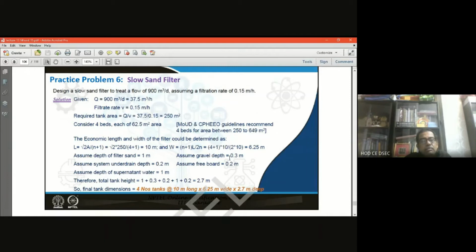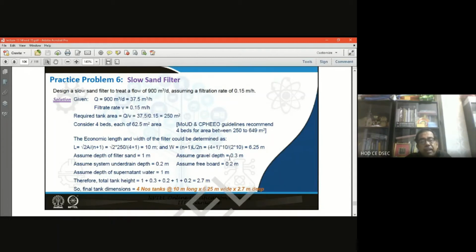Assume the depth of the filter sand is 1 meter. This assumption you have to take for designing the filter bed. Assume the gravel depth is 0.3 meter and freeboard is 0.2 meter, and assume the underdrain system depth is 0.2 meter. Also assume the depth of the supernatant water, which will stay above the sand filter bed level at the top, is 1 meter.